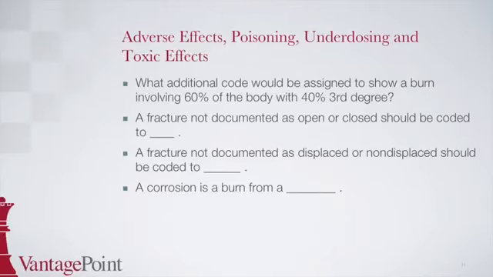Since 60% is affected, the range needed is 60 to 69%, and then indented below we need the range for the percentage of third degree burns. Since 40% is third degree burns, the range of 40 to 49% is appropriate. This points to T31.64, which you would then confirm in the tabular. Remember that the TBSA codes are supplementary codes, meaning they should not be the first listed diagnosis code.